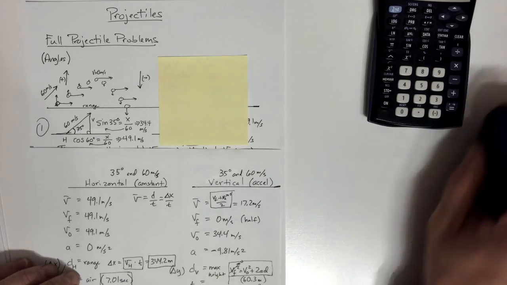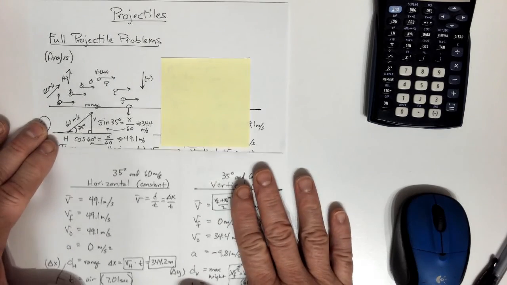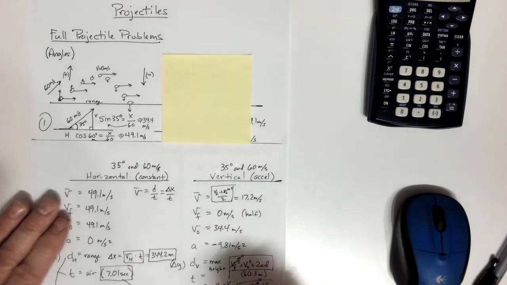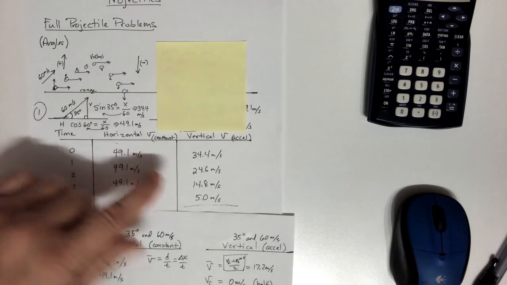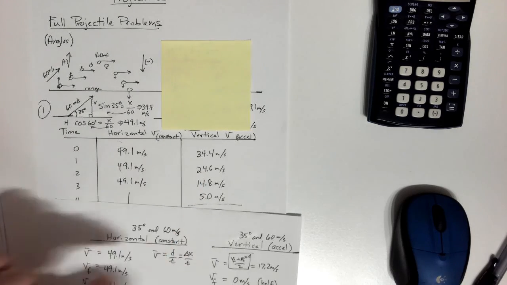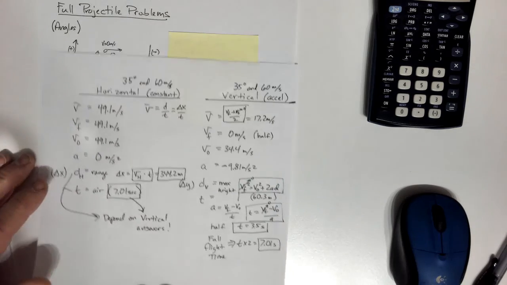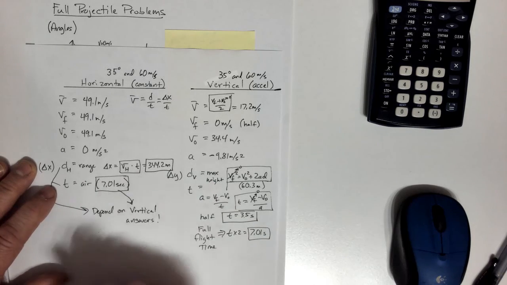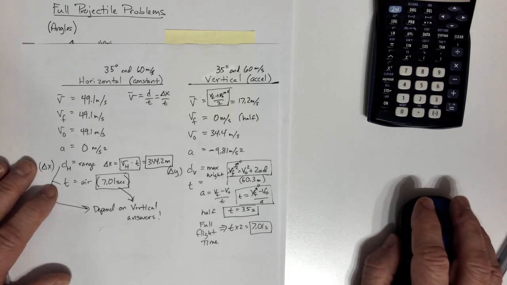So watch that again, follow the math if you need more help, and go ahead and keep doing this, but that's how you would fill in these kind of charts, or trying to find time in the air and maximum height or range of that projectile. Okay? There you go. God bless.